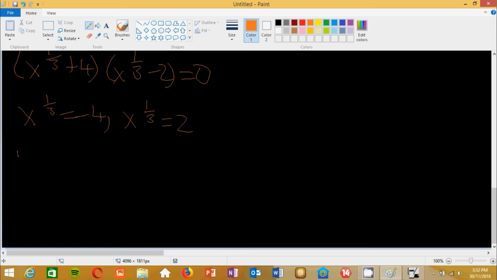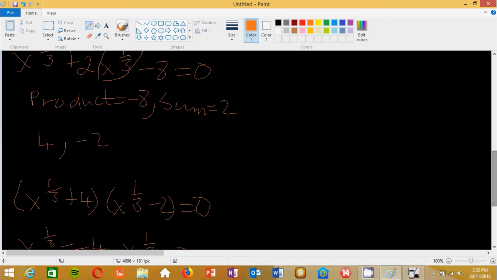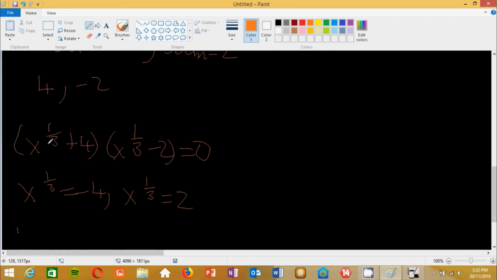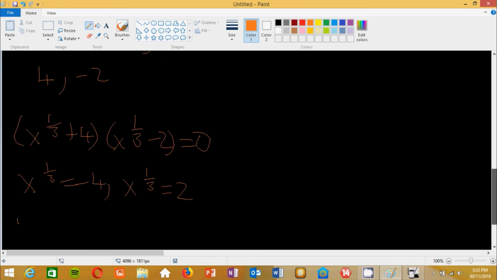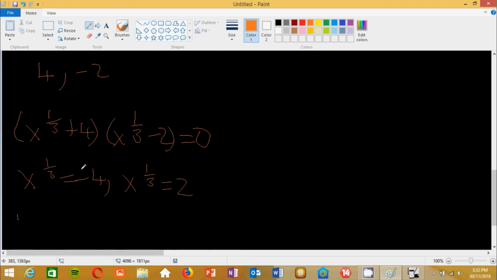And then I solve it normally. So remember, the massive difference is, instead of just saying x plus 4, x minus 2 is equal to 0, because this is a quadratic in x to the power 1 over 3, I have to put that x to the power 1 over 3 there as well. And I would then solve this the normal way.